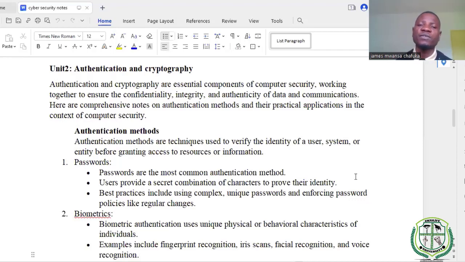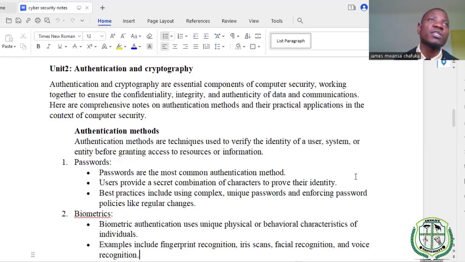And then here we are saying that the user provides a secret combination of characters to prove their identity. So in order to prove your identity, if you want to log into your system, you need to provide your password. This password is made up of different characters.